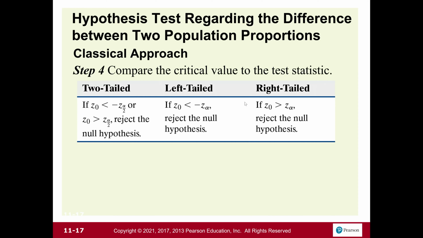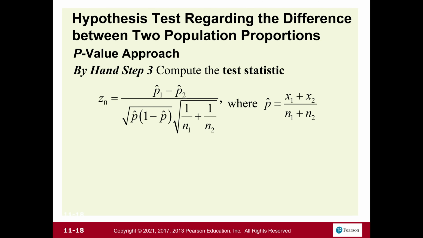So this is what would have to happen in order to reach a conclusive test: to reject the null and accept the alternative. And then finally, you would state the conclusion.